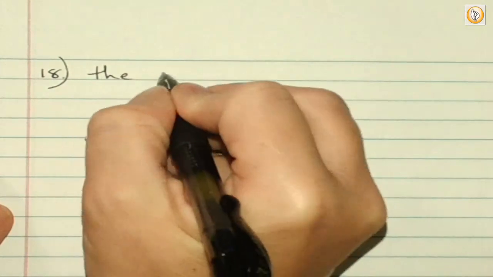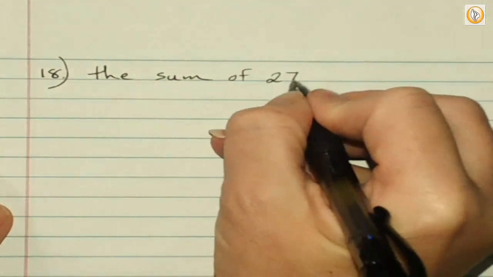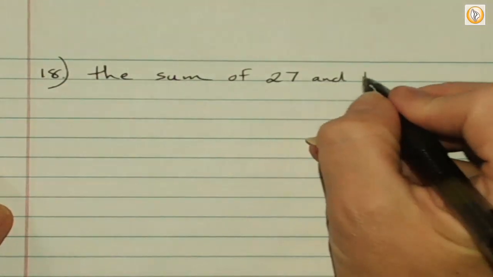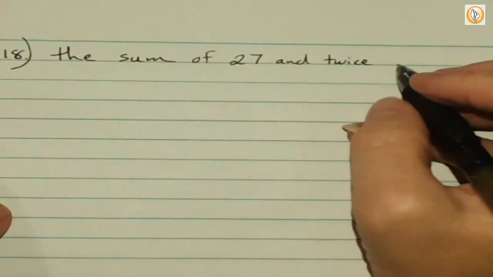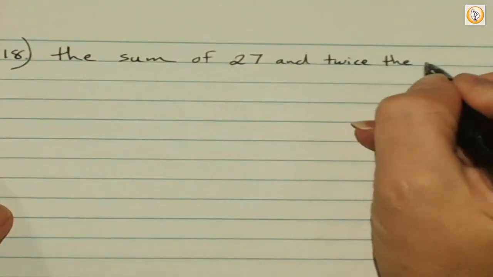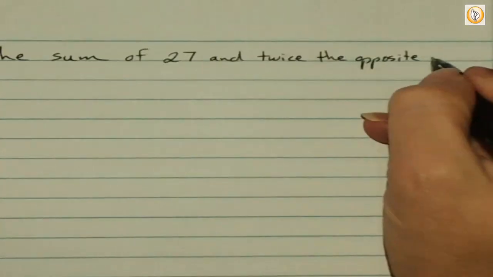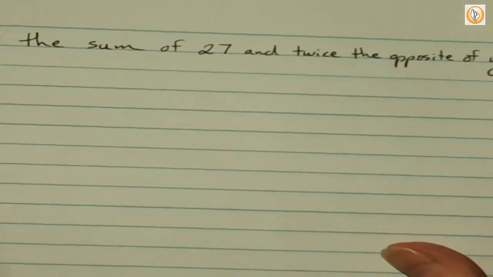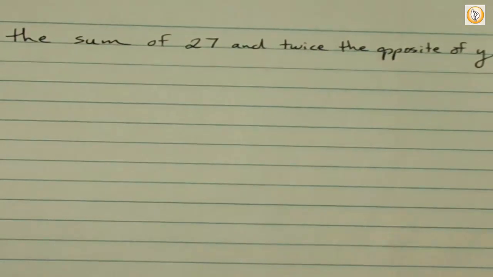18. Natalia. The sum of 27 and twice the opposite of y. The sum of 27 and twice the opposite of y.